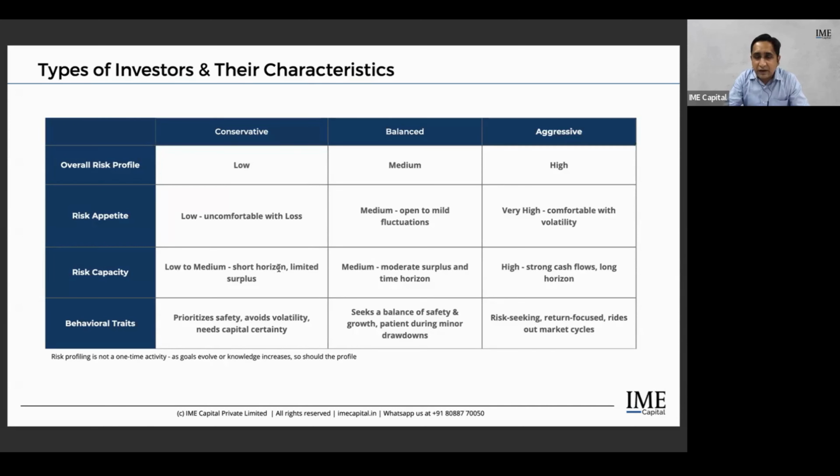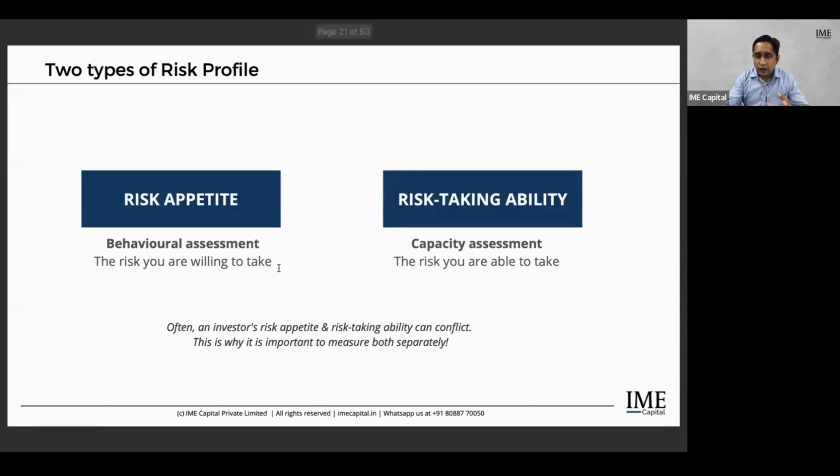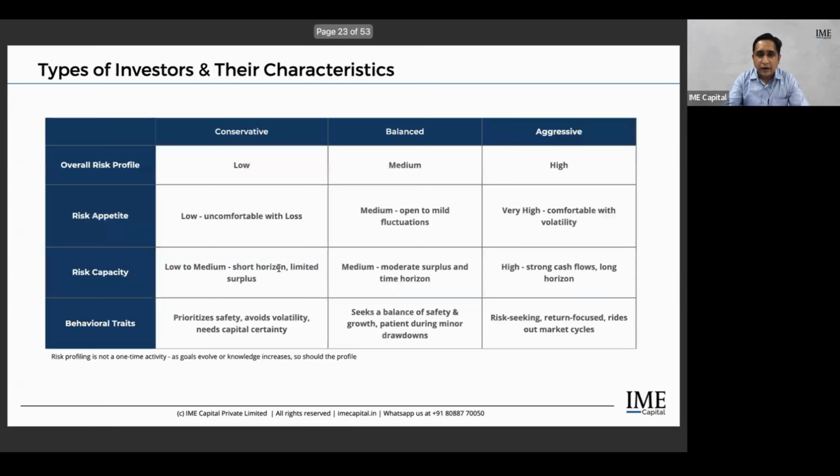The risk capacity is how strong your cash flows are, how secure your income is, and other such elements. All of these come together to help you get two separate scores, a risk appetite score and a risk taking ability score, which helps you build a composite score, helping you identify what your risk profile is.